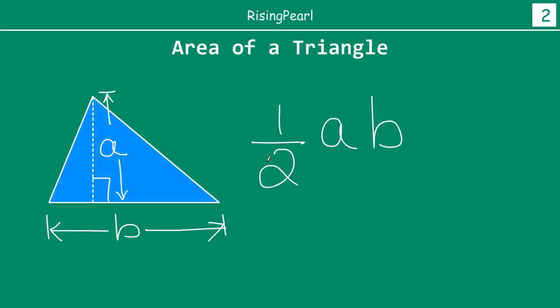So this is how we write the area of a triangle: half the height or the perpendicular distance times the base on which the perpendicular is dropped.